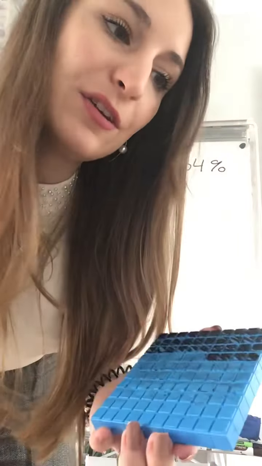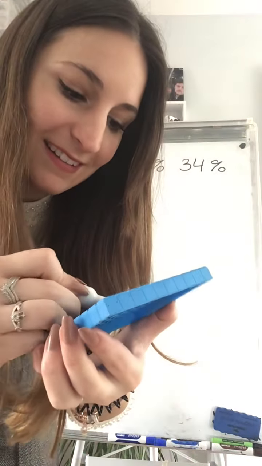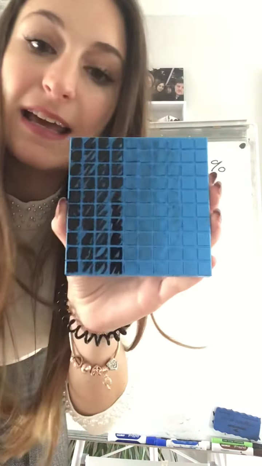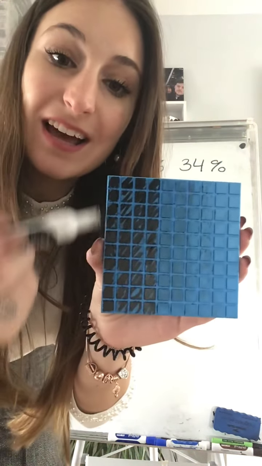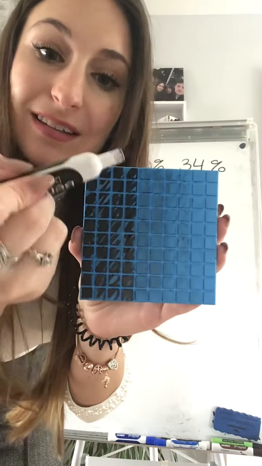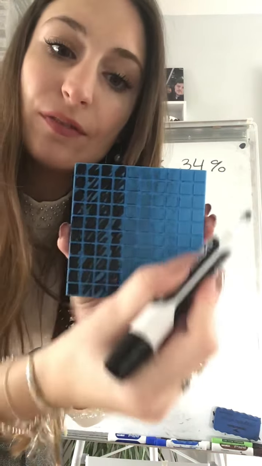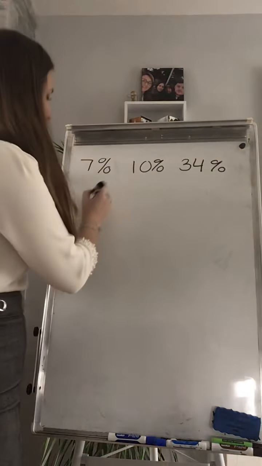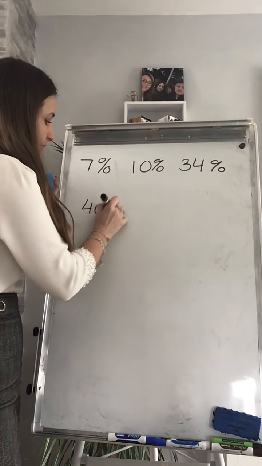And then you have another one, which looked like that. And you have 10, 20, 30, 40 out of 100. So you had 40%.